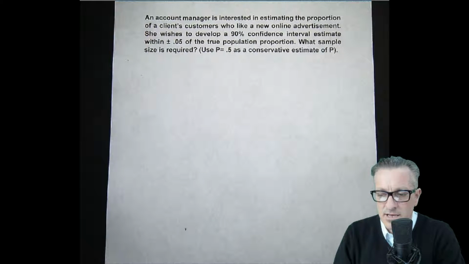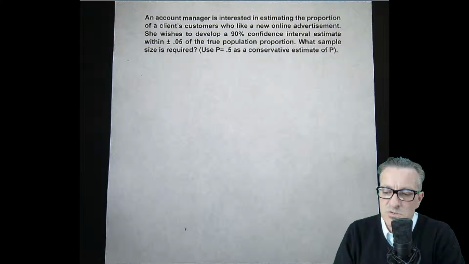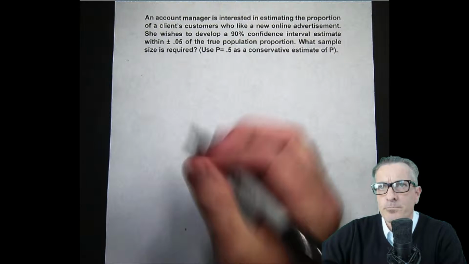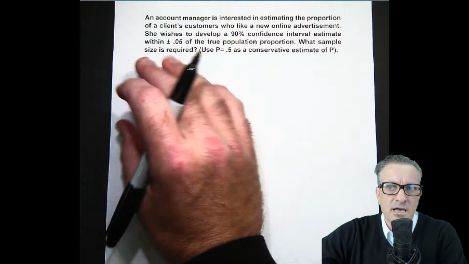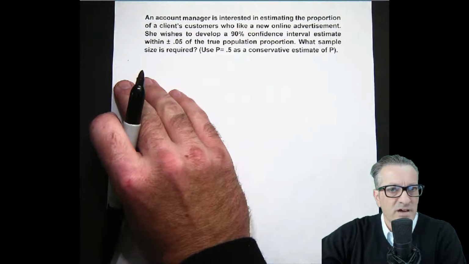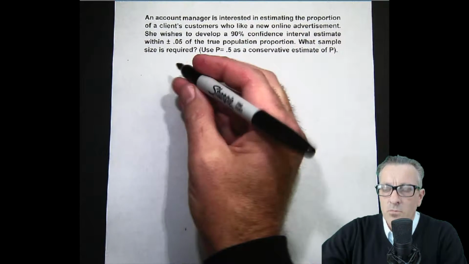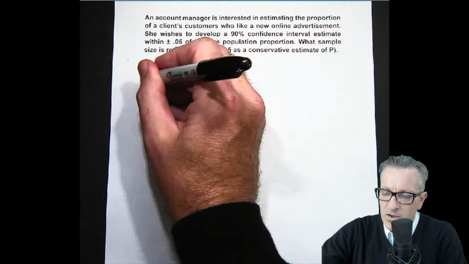The other accepted method is you use 0.5, or about a half, for your population proportion, and that's considered conservative. So that's what we'll do. It's not very hard. It's kind of a plug in the values type of formula, but we'll first write down what we have.